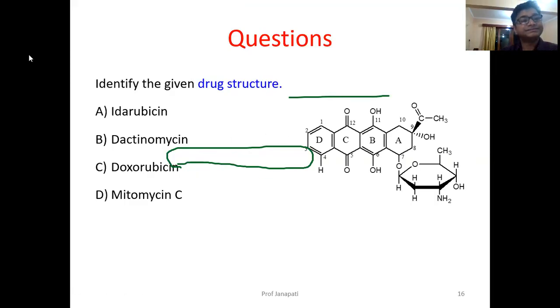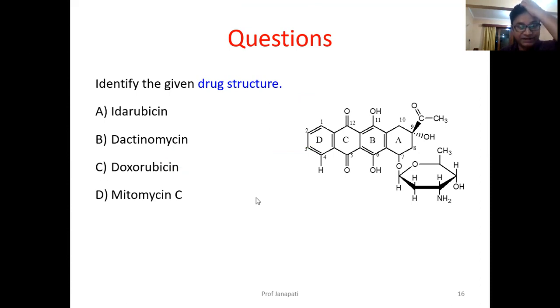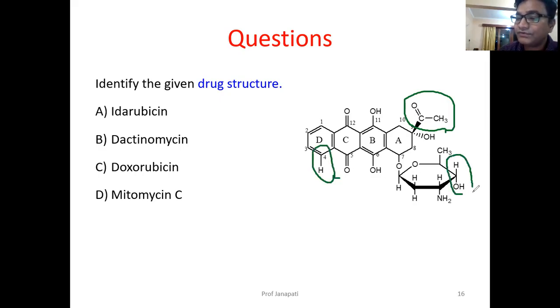Now, please identify what is the drug structure given here. What are the main important things you need to check? You need to check the functional group present at the 9th position, and the sugar at the fourth position. These you need to check. There is no hydroxyl group, so it is not doxorubicin. It may be daunorubicin.